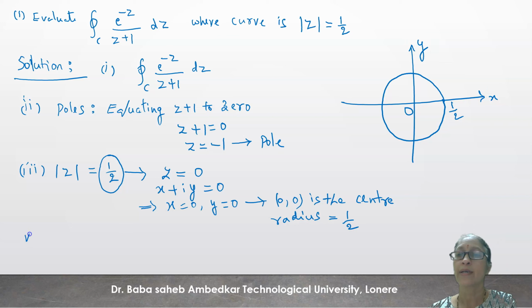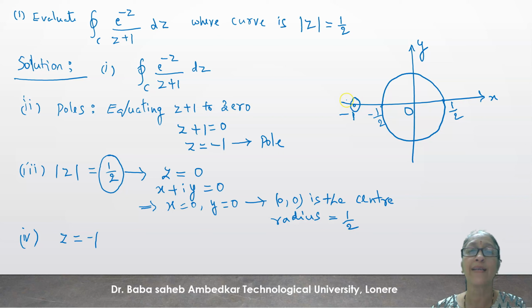In the next step we have to check whether this pole lies within this circle or outside the circle. The pole is z equal to minus 1. If you plot this, minus 1 is here, outside this circle.